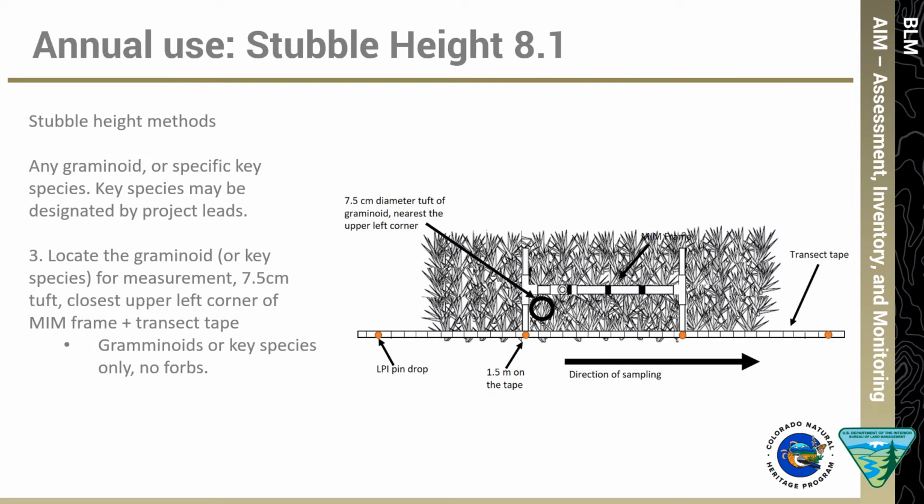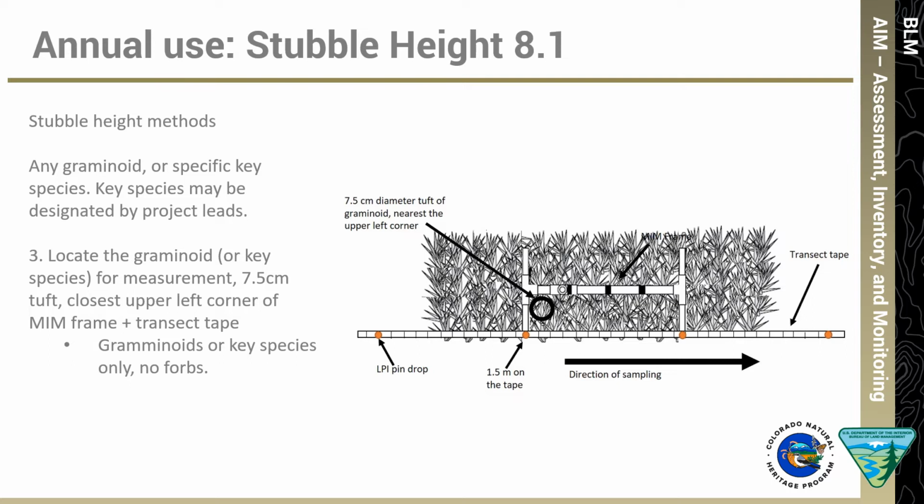Stubble height may also be measured on specific key species that are identified by the monitoring objectives of a site or project. Make sure to check with your project lead to determine whether stubble height will be measured on all graminoids or specific key species.